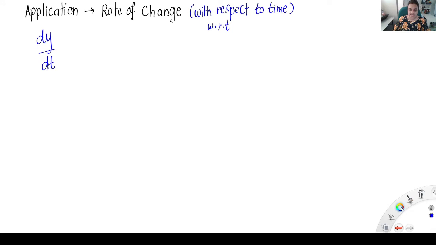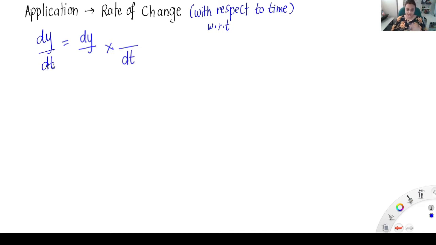So in this case, dy/dt will be equal to dy on top, over something times dt.